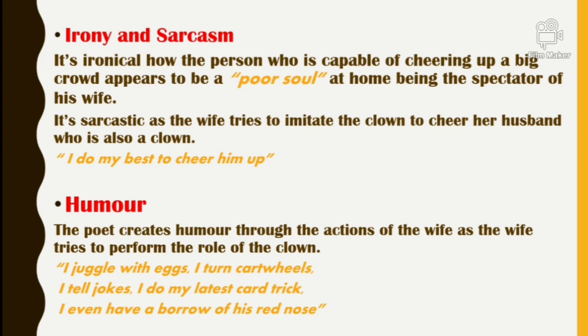The clown is the expert of all these actions. So it's sarcastic while she tries to imitate the actions of an expert. So she says, I do my best to cheer him up, but her efforts finally become unsuccessful. So it's quite sarcastic. Humor is also another significant technique in the poem.